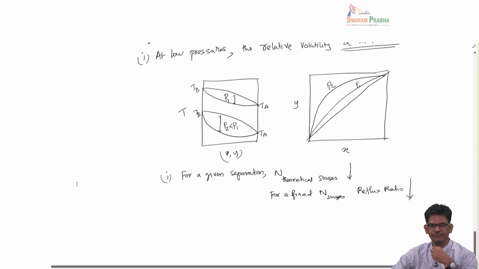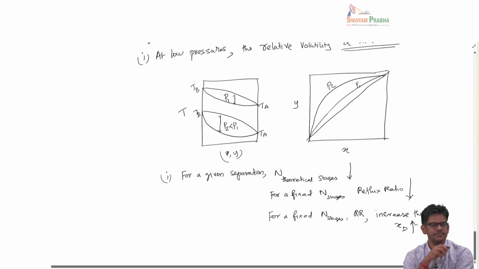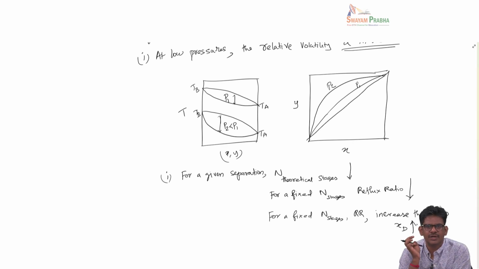Let's say you fix both the number of stages and the reflux ratio. Going from atmospheric distillation to vacuum distillation would increase the purity, that means XD goes up. So these are all related implications of increasing the alpha or the relative volatility.